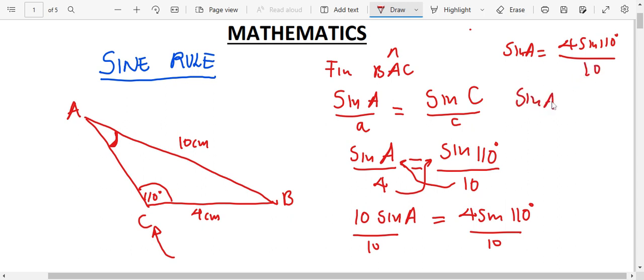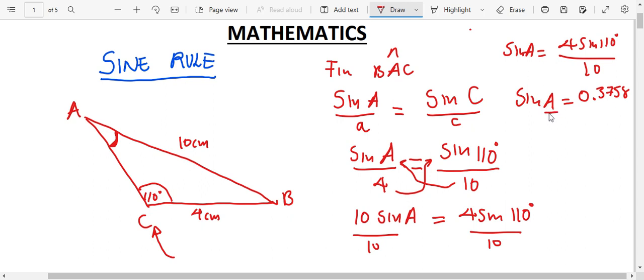So this is going to be sine A. Now I'm going to punch on the calculator: 4 sine 110 divided by 10. So this is going to give us 0.3758.